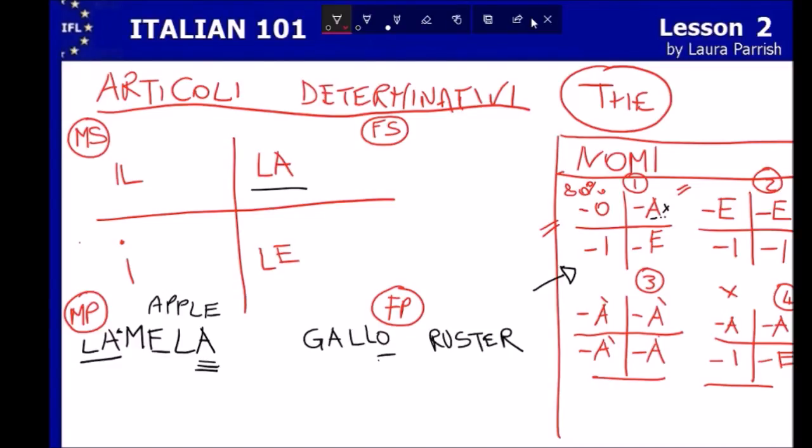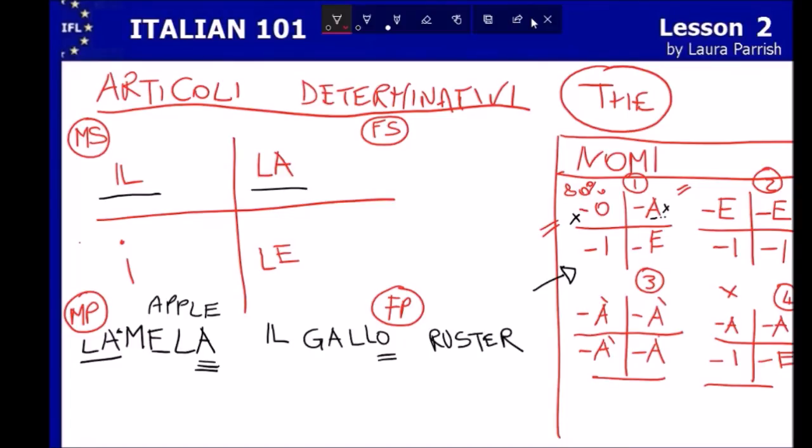It ends with o. So the most common pattern, that is this one, ending in o, you know is masculine singular. So go in the masculine singular corner of your article, you find the article il. And in fact, this is the right article. So if you proceed this way, it's very technical, you cannot do wrong.